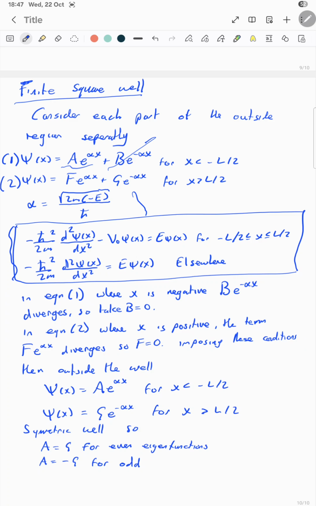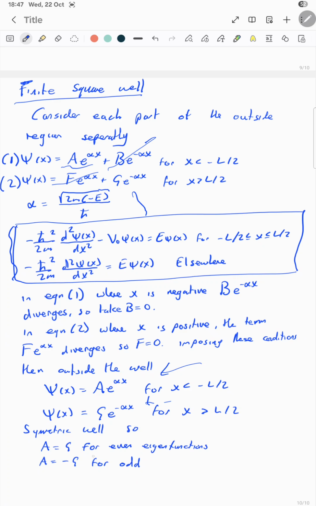Now in equation 2, where x is positive, the term F e to the alpha x diverges, so F equals 0, we get rid of that. Imposing these conditions, outside the well we get this for x less than minus L over 2, and this for x greater than L over 2.